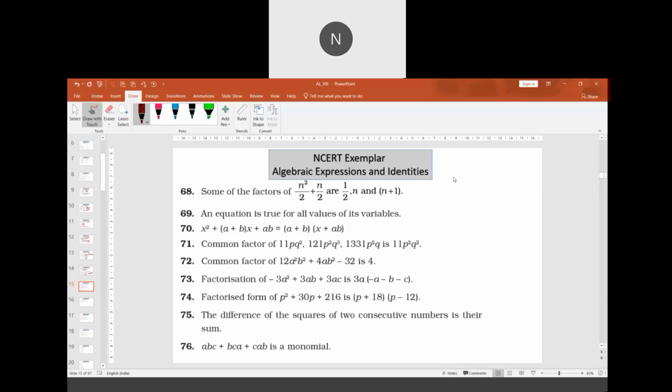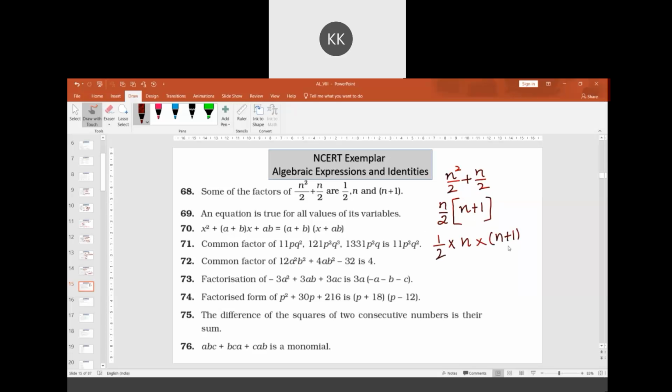So it is better we write this n square by 2 plus n by 2, then take the factors. If n by 2 is taken common, we will be getting n plus 1. The same thing I can write as 1 by 2 into n plus 1.